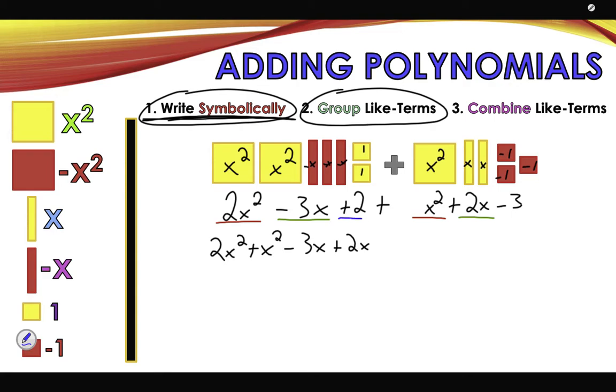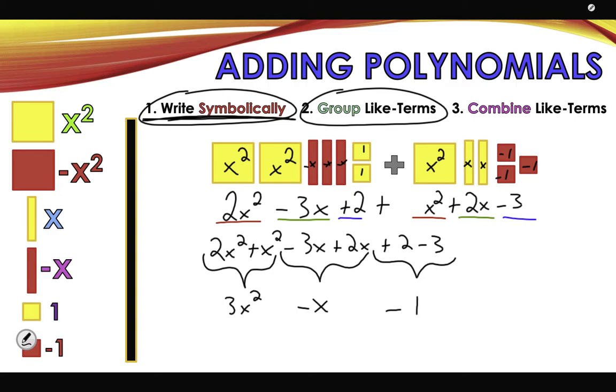And then let's take my constant terms and write them together. Now I'll combine. And I get 3x squared minus x minus 1.